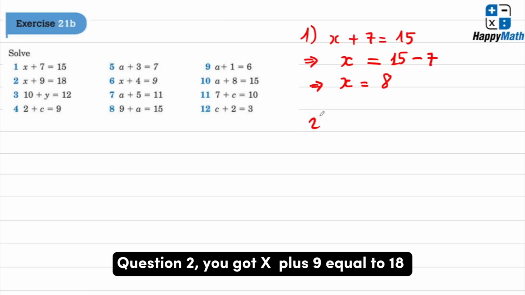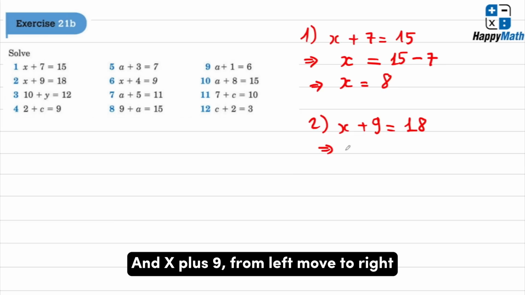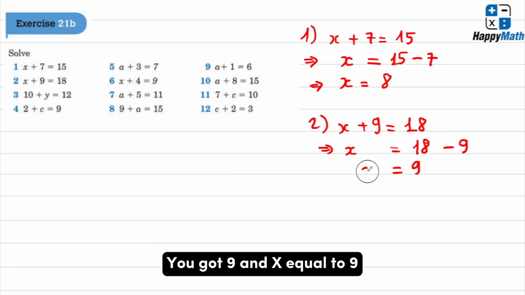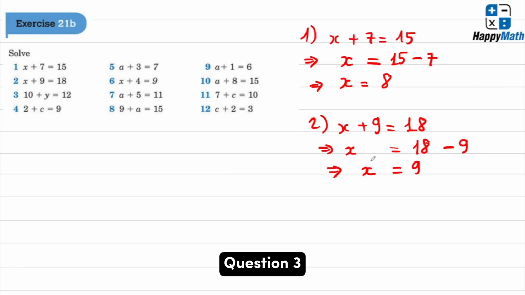Question 2, you got x plus 9 equal to 18, and x plus 9 from left moved to right becomes negative 9. 18 minus 9, you got 9, and x equals 9. Okay.